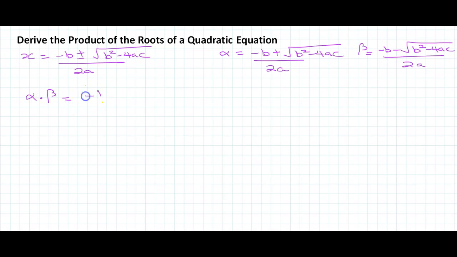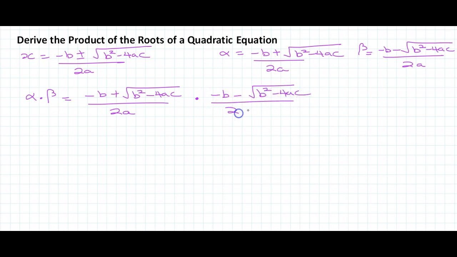So the product of the roots is going to be alpha multiplied by beta, so that is going to be negative b plus the square root of b squared minus 4ac over 2a, multiplied by negative b minus the square root of b squared minus 4ac over 2a.